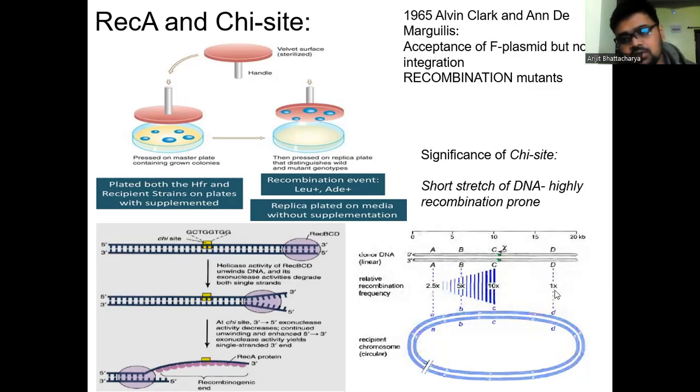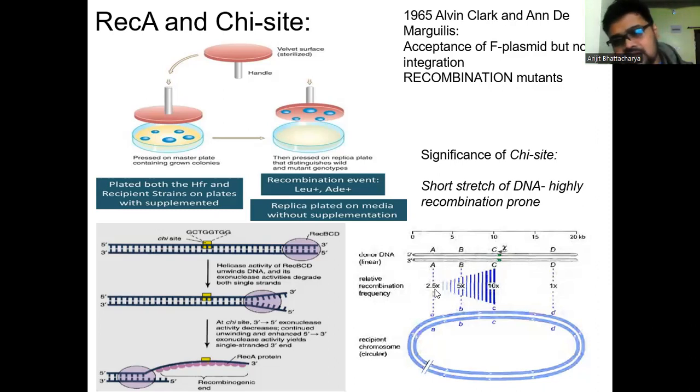So here you can see it is 1x and it's quite distant. So it is far from chi site, and compared to that, a gene located nearby chi site has 10 times more recombination frequency. And this frequency gradually depletes even in the same direction if the gene is located distant from the chi site.